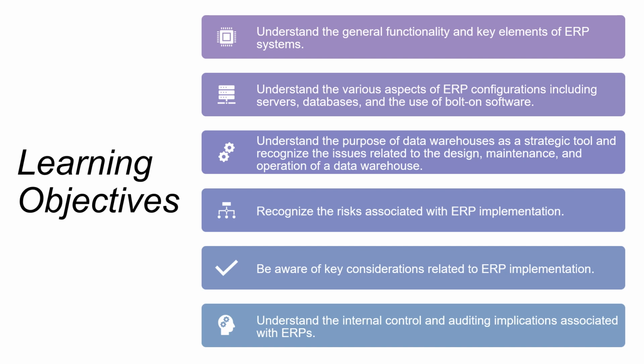What we are going to learn in this topic: first, we will understand the general functionality and key elements of ERP systems. We will understand the various aspects of ERP configurations, including servers, databases, and the use of bolt-on software. We will get to know the purpose of data warehousing, which is the basis of the ERP, as a strategic tool, and recognize the issues related to the design, maintenance, and operation of a data warehouse.